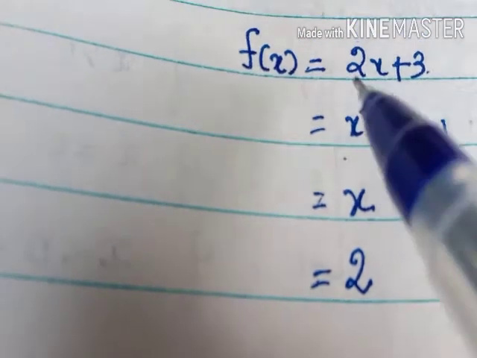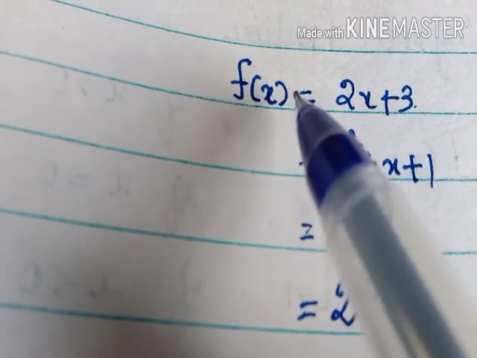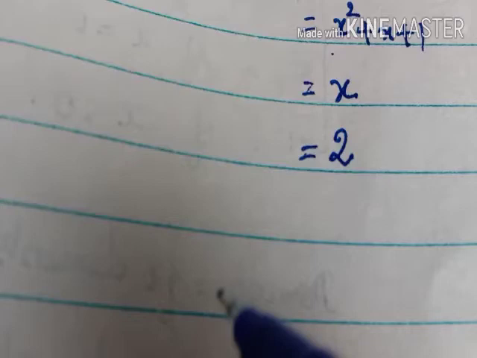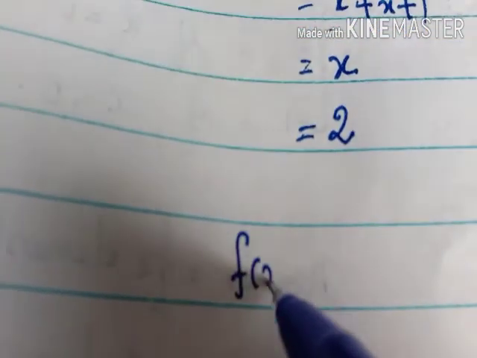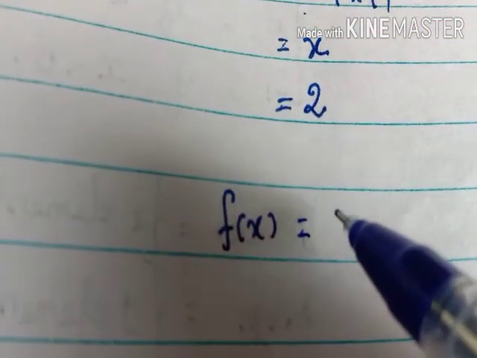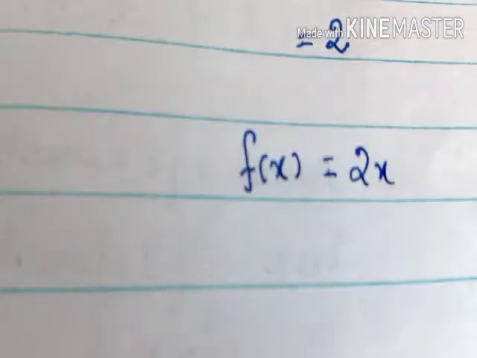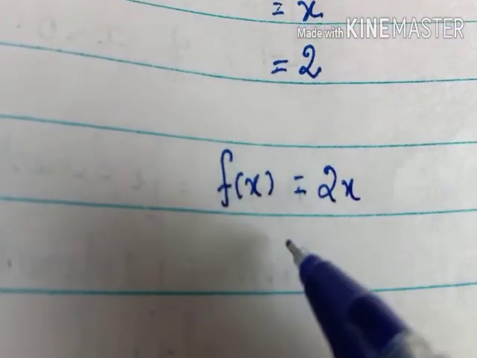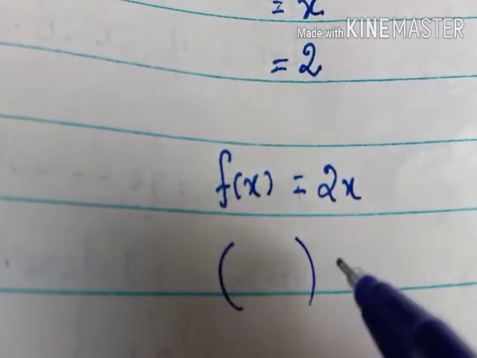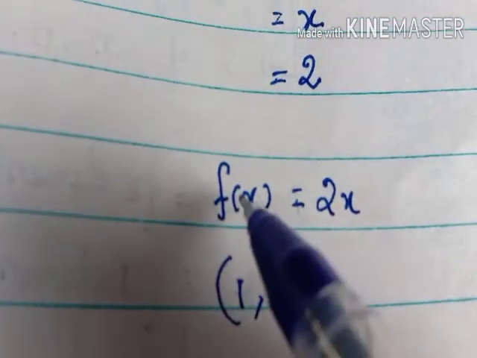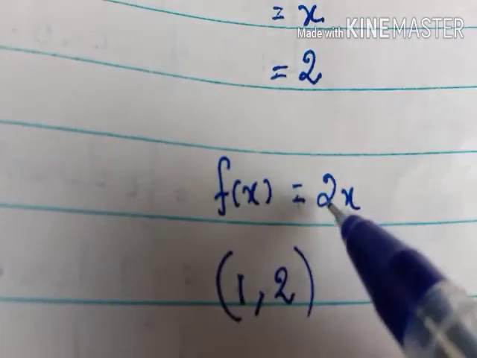So the graph of a polynomial function depends on the polynomial. For example, we have a polynomial function f(x) = 2x. Find out the points to draw the graph. When x equals 1, f(x) becomes 1 × 2 = 2.